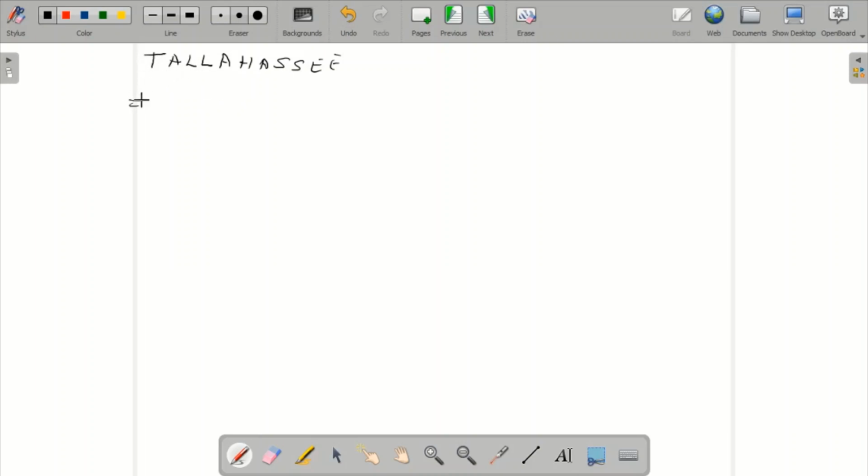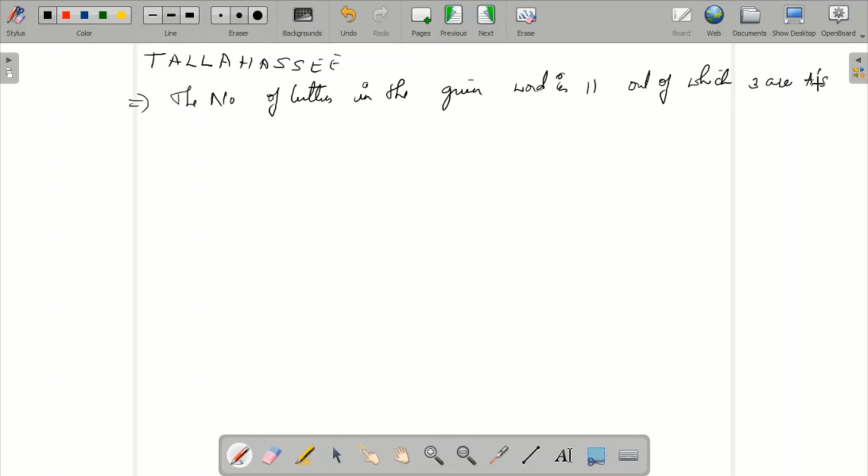The number of letters in the given word is 11, out of which 3 are A's, 2 each of L, S, E, and 1 each of T and H.